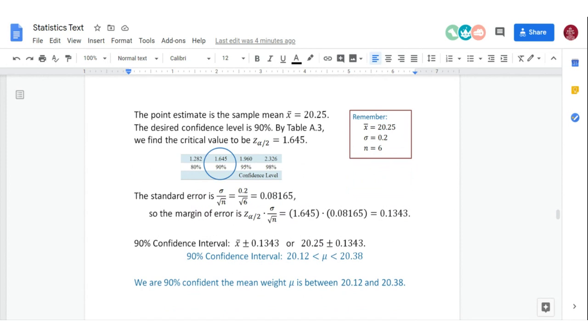But what this is telling us with this 90% confidence interval is that we're fairly confident that the true mean, just based upon this sample of 6 boxes, is 20.12 to 20.38. And what does that mean? Well, that's good news for the manufacturer because it looks like, based upon this sample, that they're not shortchanging anybody on the 20 ounces.